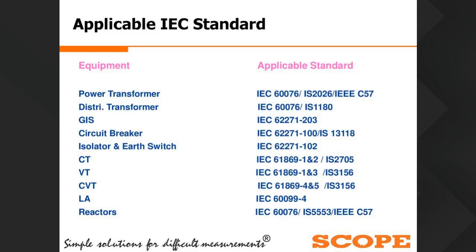Similarly, for GIS and circuit breaker, I have given the standards here for your information only. For the current transformer, it is IEC 61869-1 and 2. For the reactors, IEC is the same, that is 60076. IS is 5553 and IEEE C57. So these are the applicable IEC, IS and IEEE standards that we need to follow during the testing, during the design, and during the quality check.